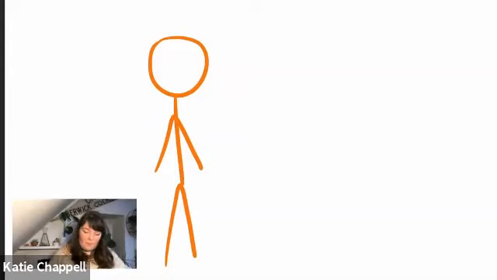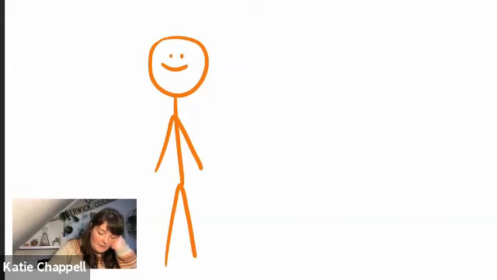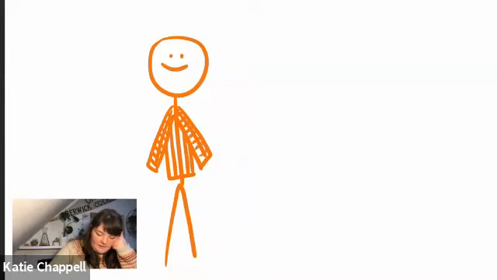So one trick for taking your stickmen up to the next level is to sort of dress them. So I'm going to give this guy a little face, and then we're just going to draw clothes on top of his stick body. And if you give him a sort of tartan shirt, then you would never know that he was a stickman. Give him a little collar.